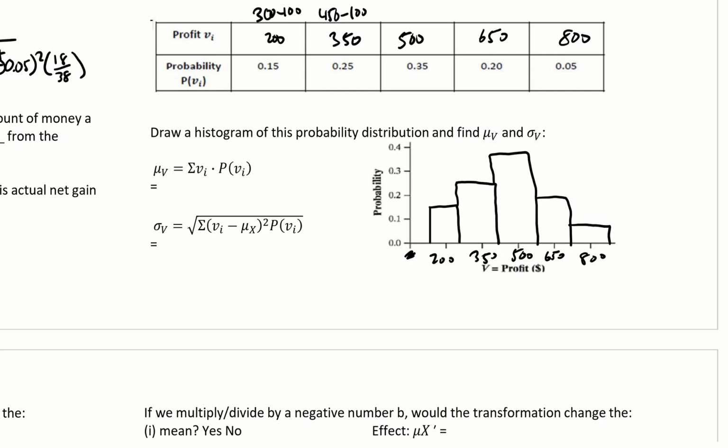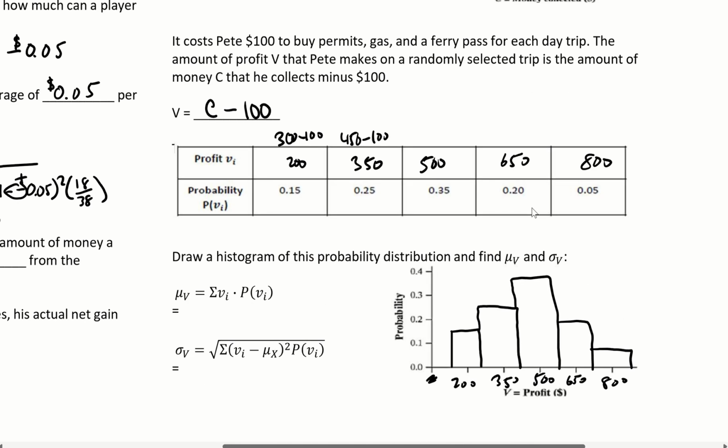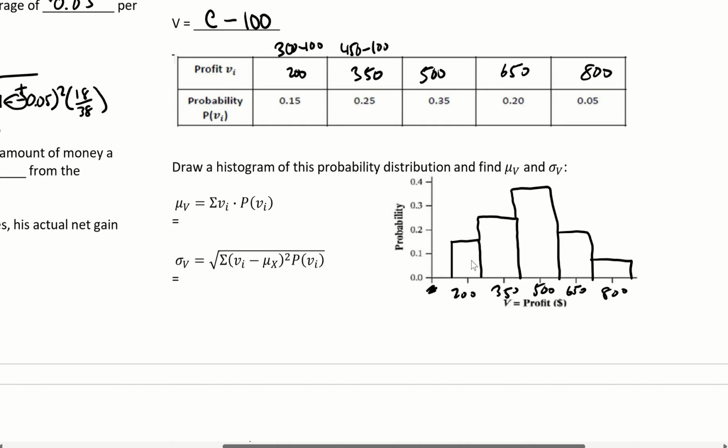Notice that the shape didn't change. It's still symmetric, and it still has a single peak. However, the single peak is different because it's 500 instead of 600.